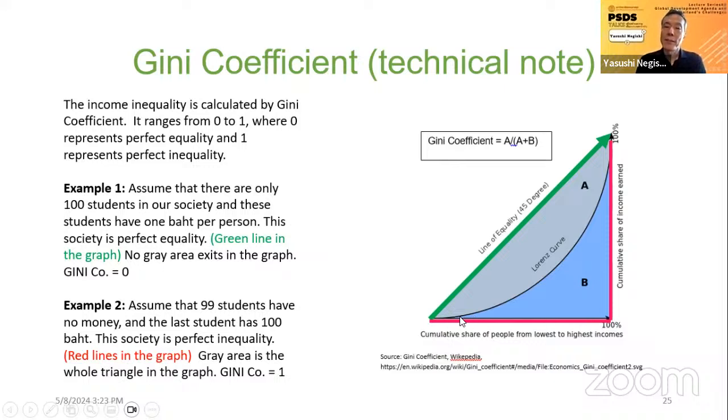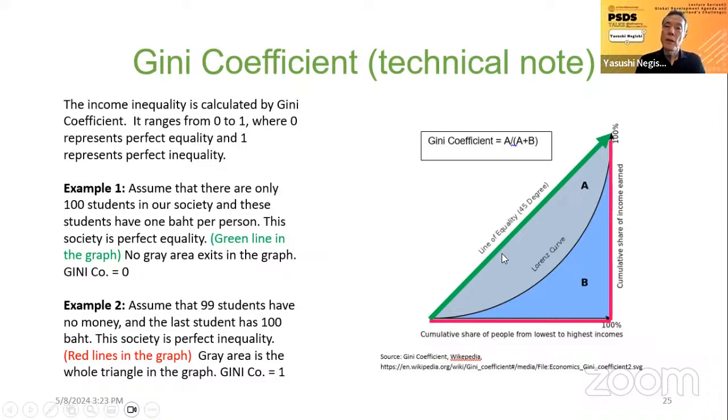Relatively poor people do not have much money, so in reality the line goes this way. And we have very rich people, who have a lot of assets, so in reality the line goes like this.